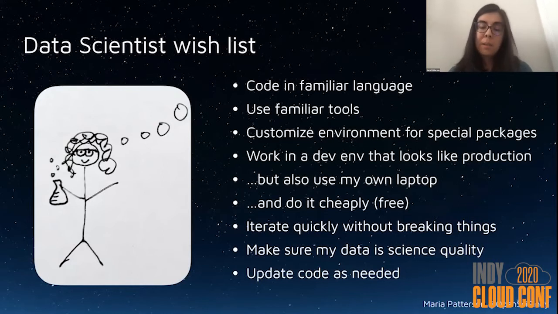I use Python, a lot of people use R, and I want to be able to use that in my machine learning pipeline. I also want to be able to use familiar tools, and we saw Robert and Jordan introduce Jupyter and Jupyter notebooks, and that's something I definitely want to be able to use. I want to be able to customize my environment.